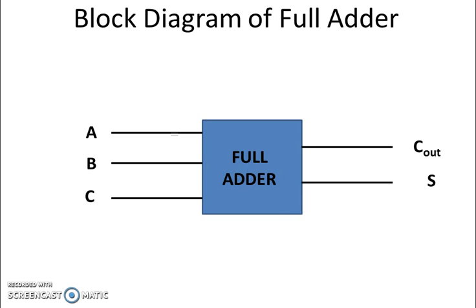If you see the block diagram of a full adder, it consists of 3 inputs which are designated as A, B and C. These are the inputs.